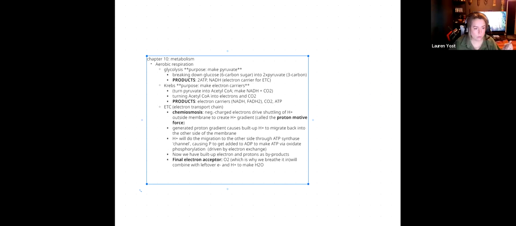Let me just bring this up really quick. Electron transport chain. This one is going to make 36 to 38 ATP. Whereas in Krebs, we only make like two.